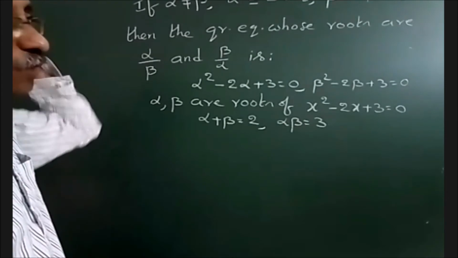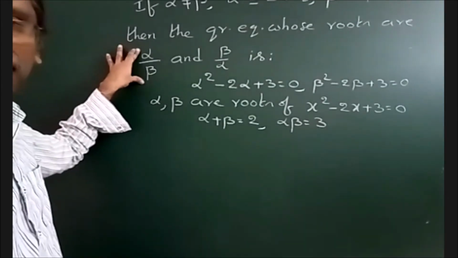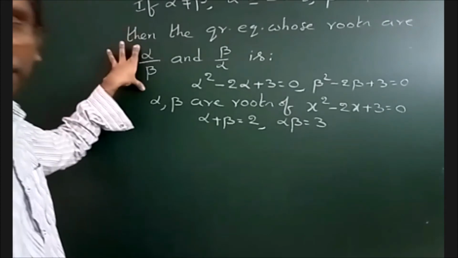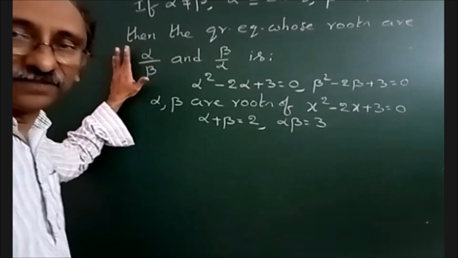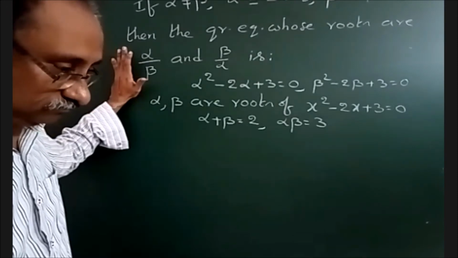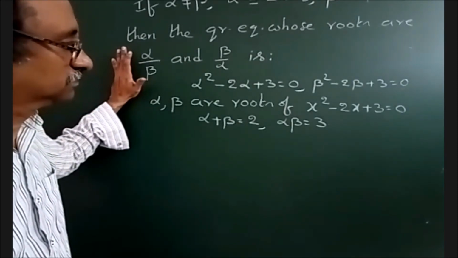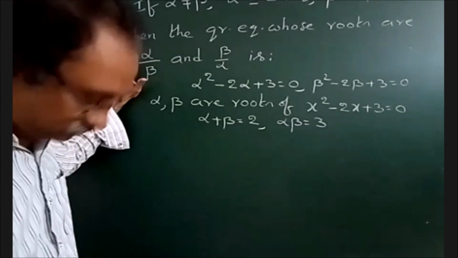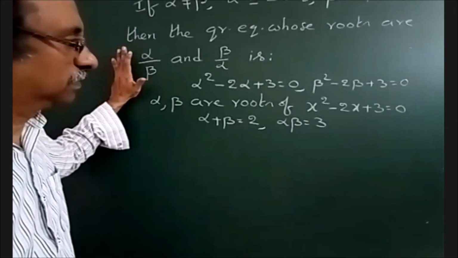But I want to find the quadratic equation whose roots are alpha by beta and beta by alpha. So again another student raised his hand. Sai Seshwardhan: Sir, in these two equations, alpha square minus 2 alpha plus 3 equals 0 and beta square minus 2 beta plus 3 equals 0, the roots will be same, no sir. But in the question, alpha is not equal to beta.